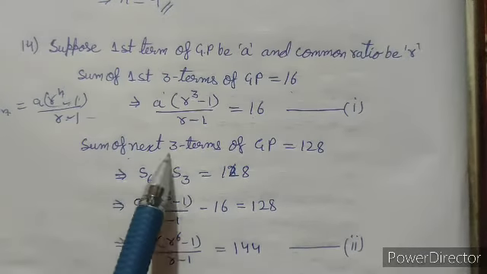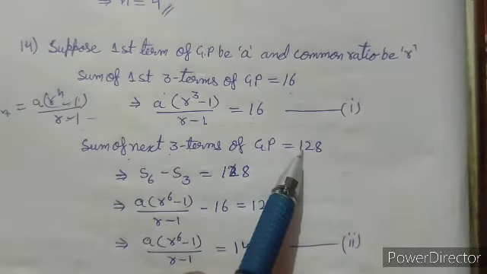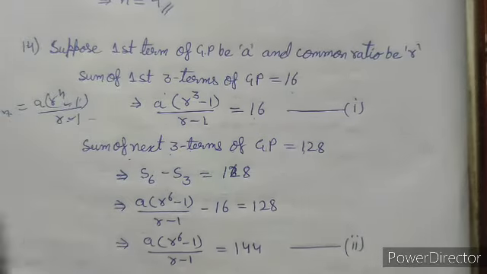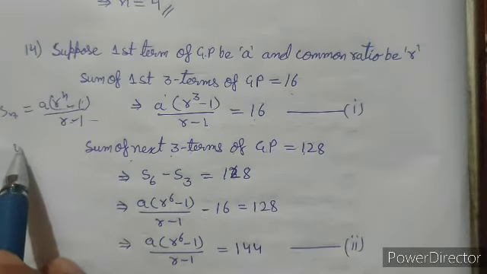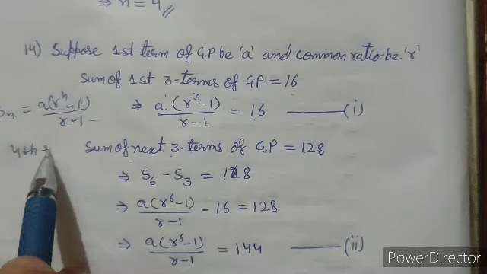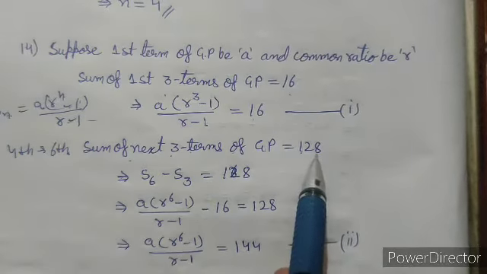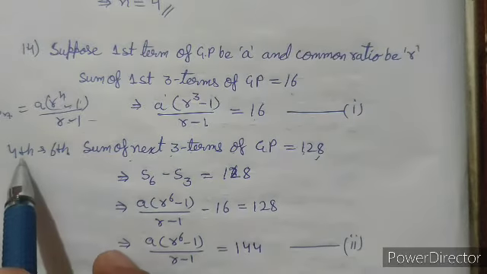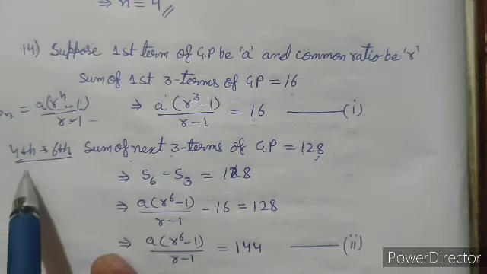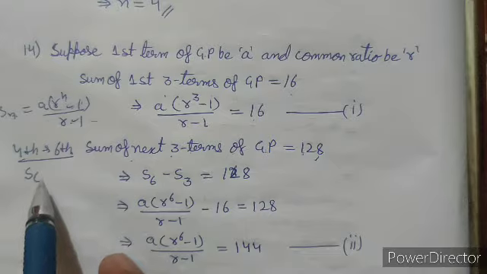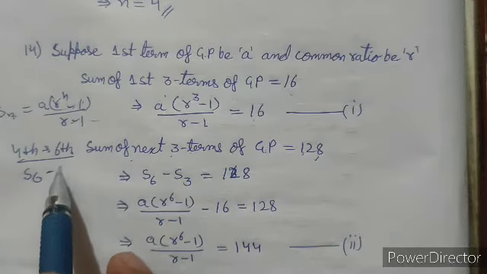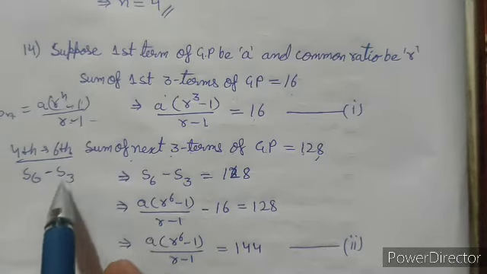Now the sum of next three terms of the GP is 128. That means the sum of the terms from fourth term to sixth term is given to us as 128. Now the sum of the fourth term to sixth term will be equal to sum of first six terms minus sum of first three terms.